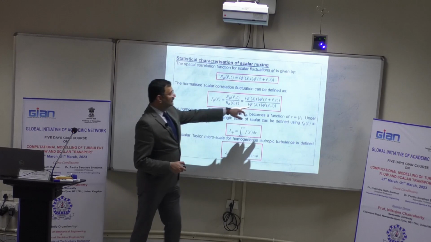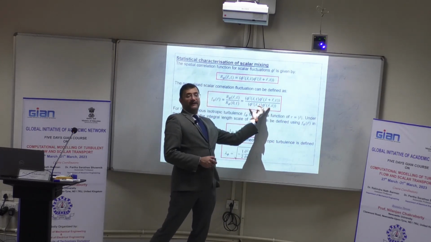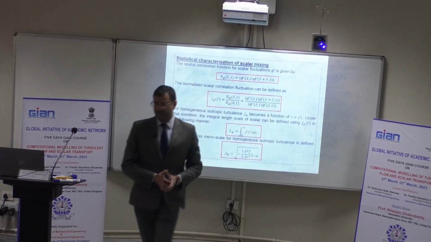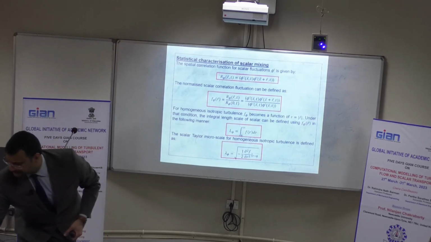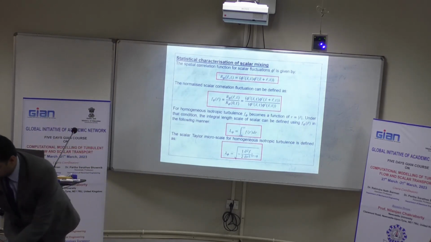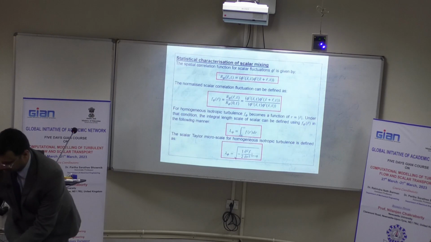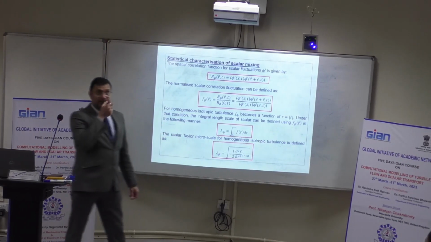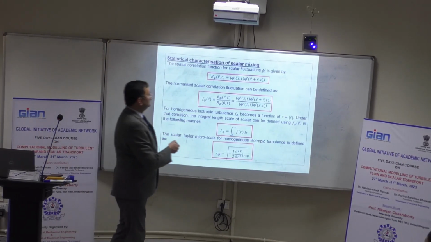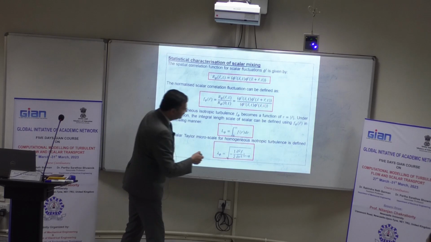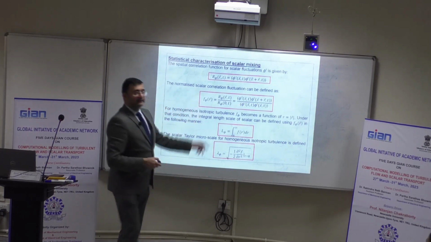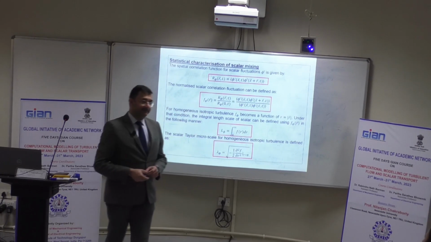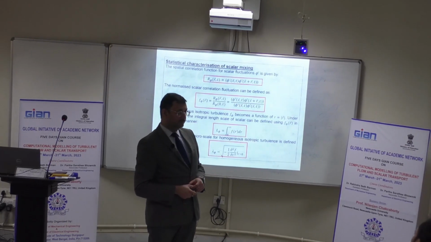0 means there is no separation. So this is essentially the variance. This is the normalized scalar correlation function. Essentially what you are seeing in the denominator is nothing but scalar variance. Okay?